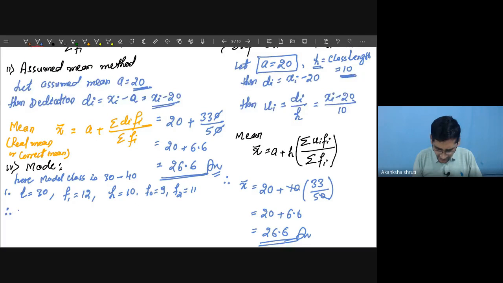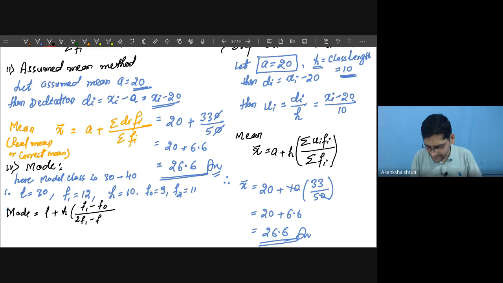Therefore, mode is calculated by lower limit plus, write down the formula first. This mode is calculated by L plus h times (F1 minus F0) divided by (2 times F1 minus F0 minus F2). Close it.